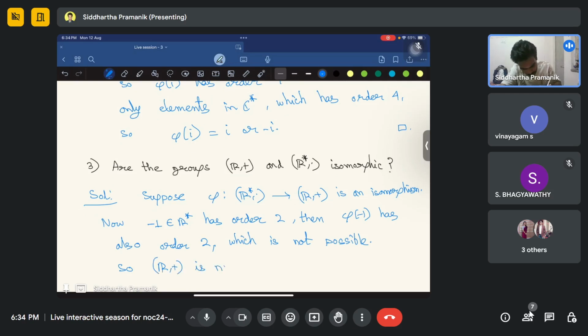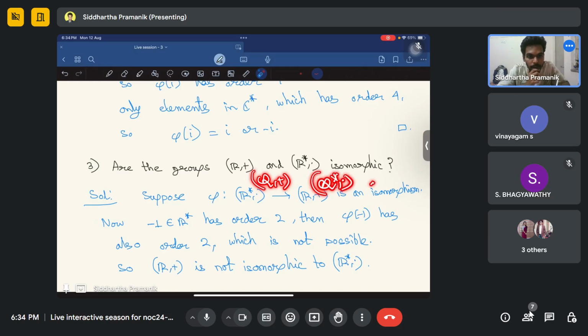So R, plus, is not isomorphic to R star, dot. Okay, I hope this is okay. So what happens if we take Q, plus, and Q star, comma, dot?